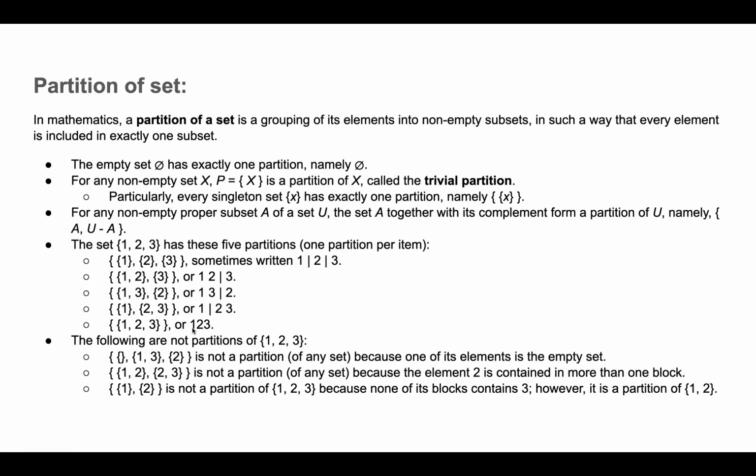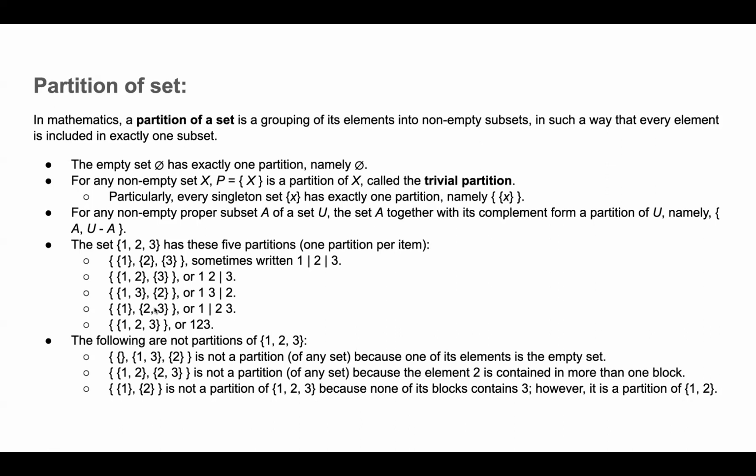It will be written directly like {1, 2, 3}. Here a comma is not there. As partition is not there, they are simply writing it like {1, 2, 3}. Here we can see {1, 2, 3}.